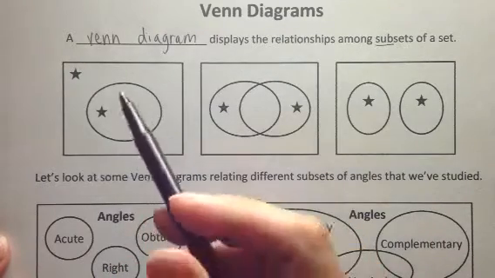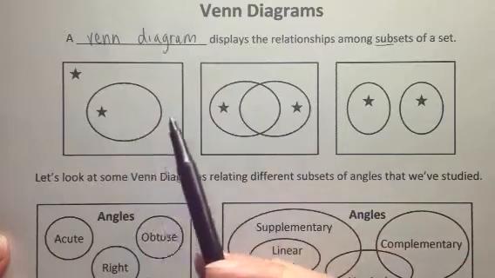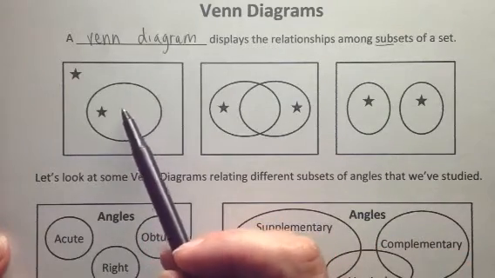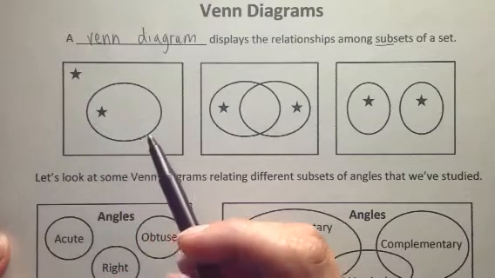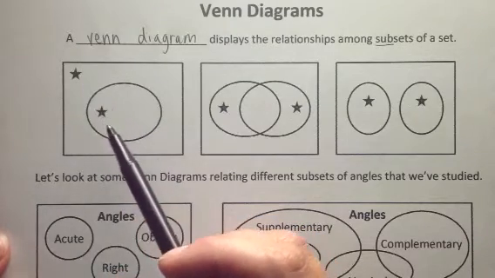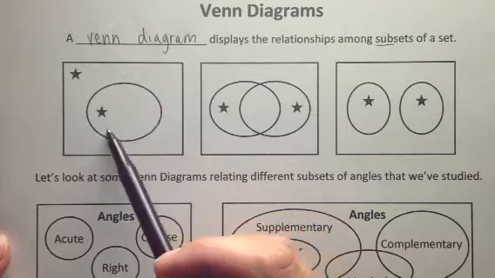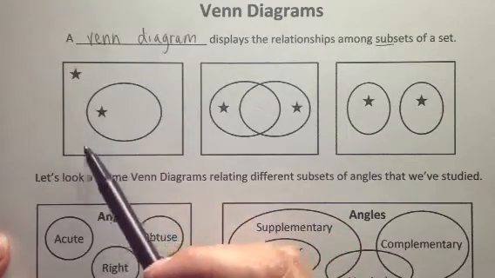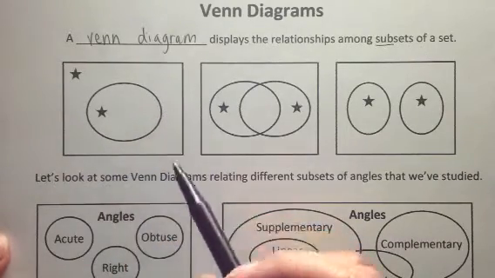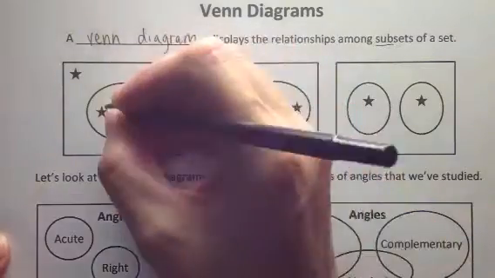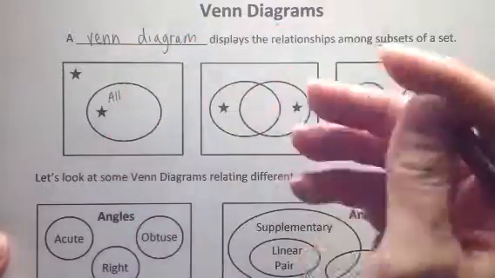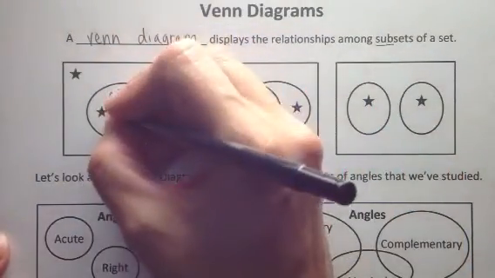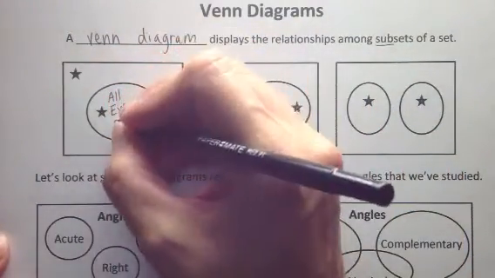Okay, so there are different types of Venn diagrams. When you're comparing two things, I put stars where the two things you'd be comparing. When you're comparing two things where one is completely inside the other one, if you're talking about the one on the inside, you might say all, or every, or each.